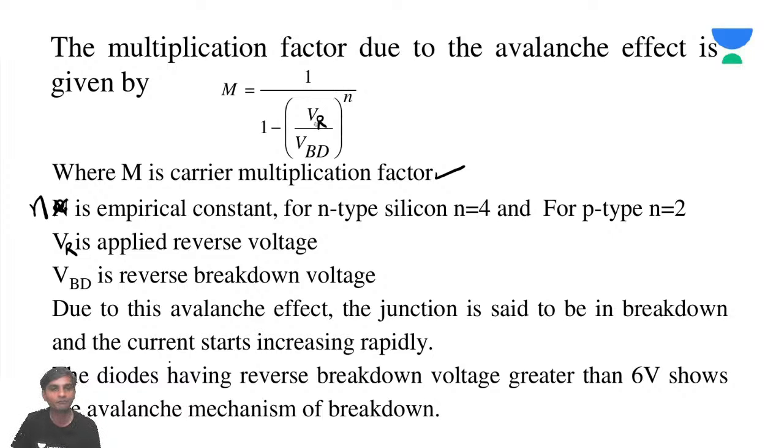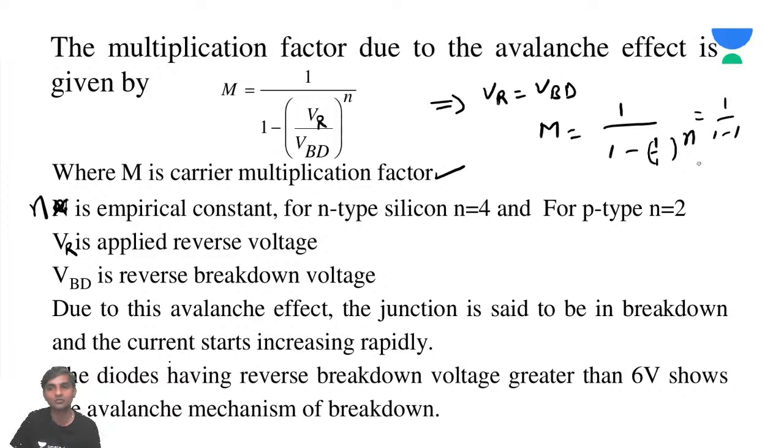Whenever VR is equal to VBD, what is the value of M? M is equal to 1 by 1 minus 1 power n, so that is 1 by 1 minus 1, which becomes 1 by 0. That implies it would be infinity.